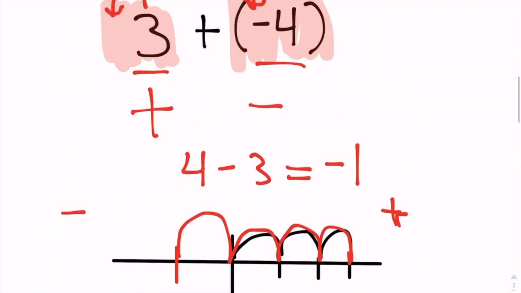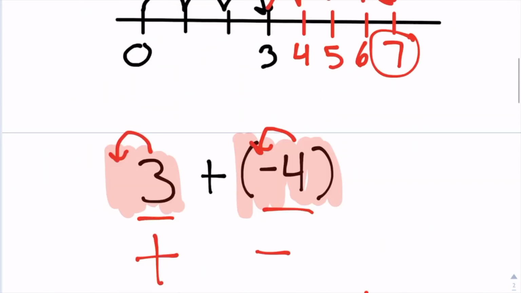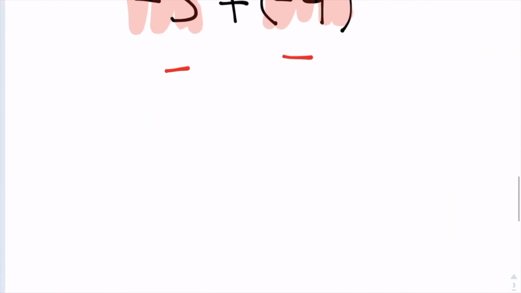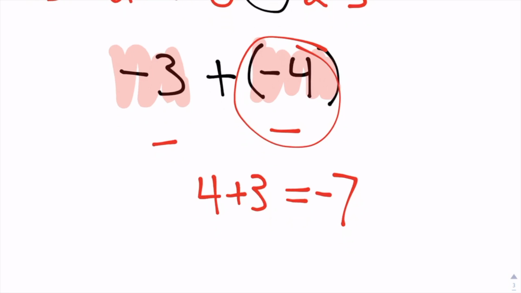Since I have two negatives, I'm going to add those numbers together. So 4 plus 3 gives me 7. I'm still going to look at which number is my biggest number, which is 4, and it's a negative, so the answer ends up being negative 7.